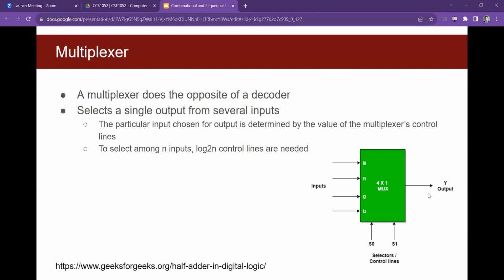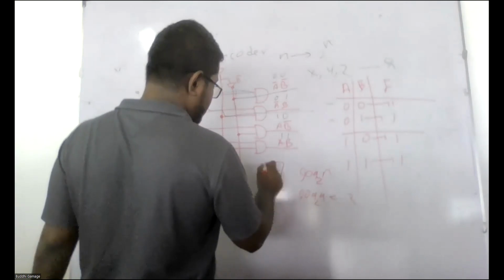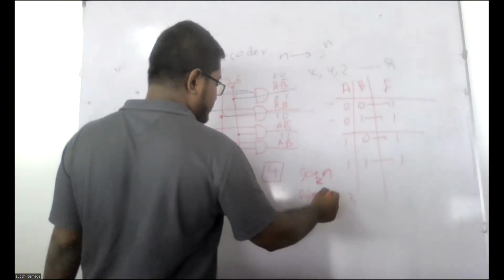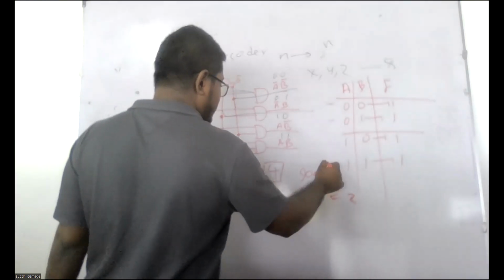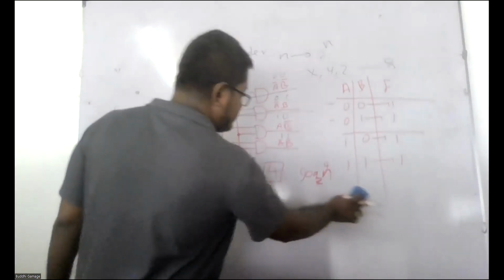So log 4 to base 2 is 2, right? So there are 4 inputs, log 2 to the power n, so n here is 4. Log 4 to base 2 is 2. Right.